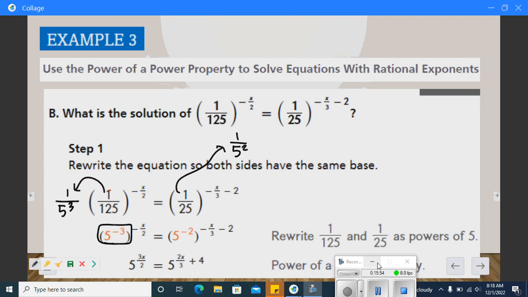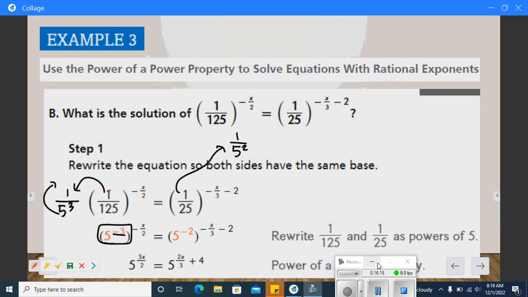Since they go up, that means it becomes negative here. When it goes up, the exponent becomes the opposite sign, that's why it becomes negative. So there, now they have the same base.